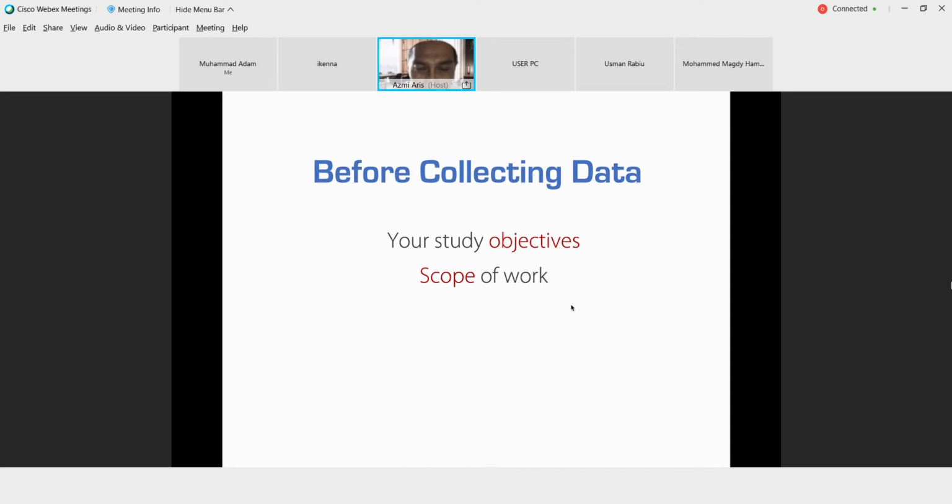And then you should identify your scope of work. You have only approximately 1 year to do your research work. So you should make sure that whatever study you want to do can be completed within that 1 year, or maybe 1.5 years if you don't intend to graduate on time.